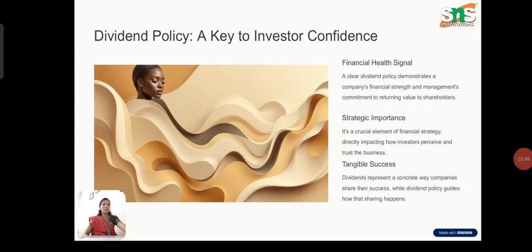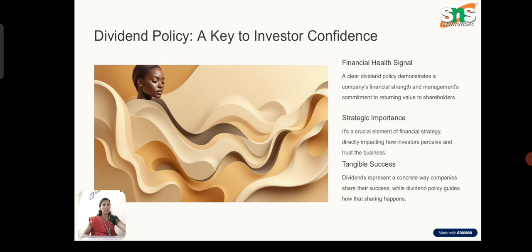Next one is the dividend policy. It covers three main things. The financial health signal: a clear dividend policy demonstrates the company's financial strength and management's commitment to returning value to the shareholders.